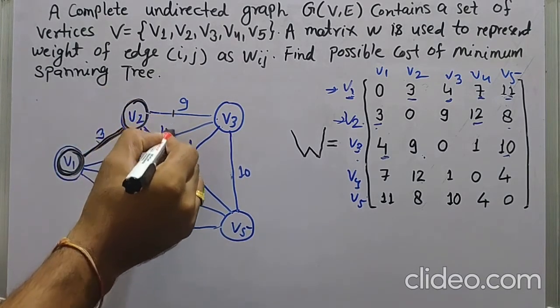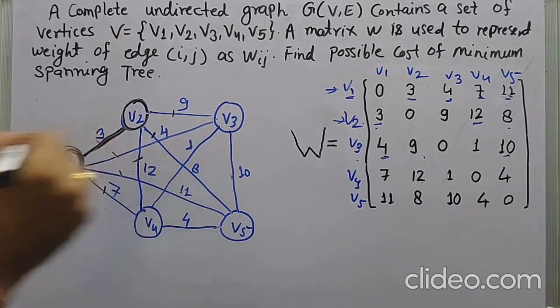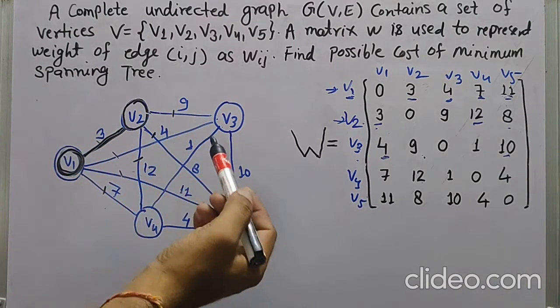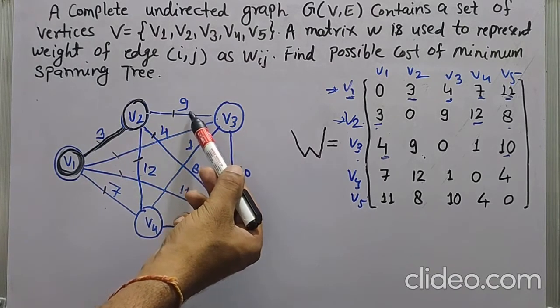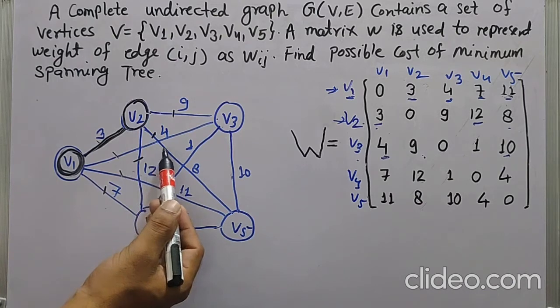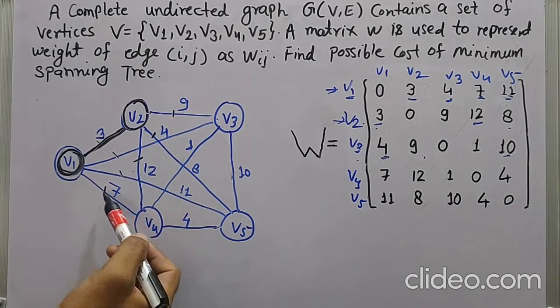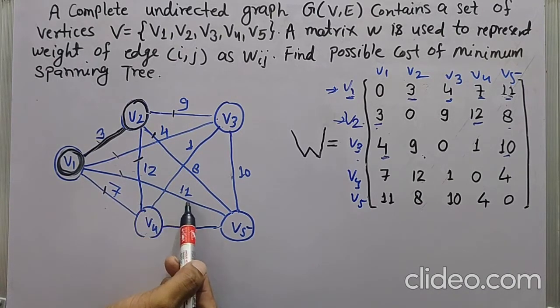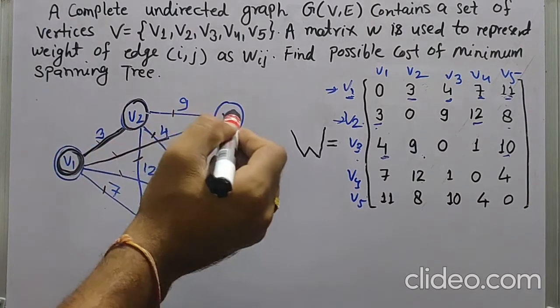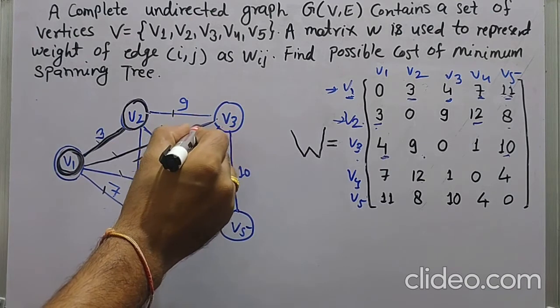Now process this node with all its adjacent edges. Look at the candidates: 9, 8, 4, 12, 7, 11. The minimum value is 4, so you select 4 here.